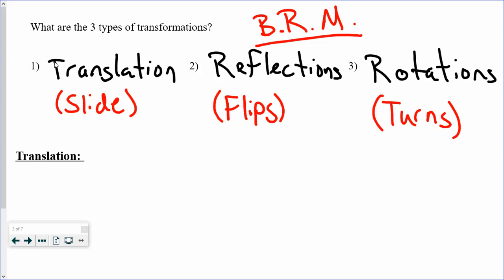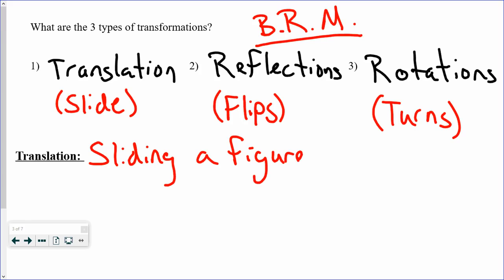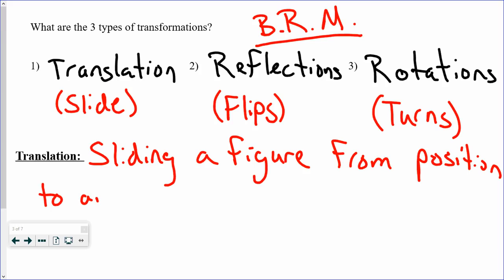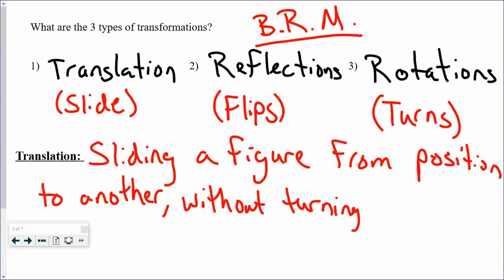So another definition we're adding today is a translation is sliding a figure from one position to another without turning it along a vector.